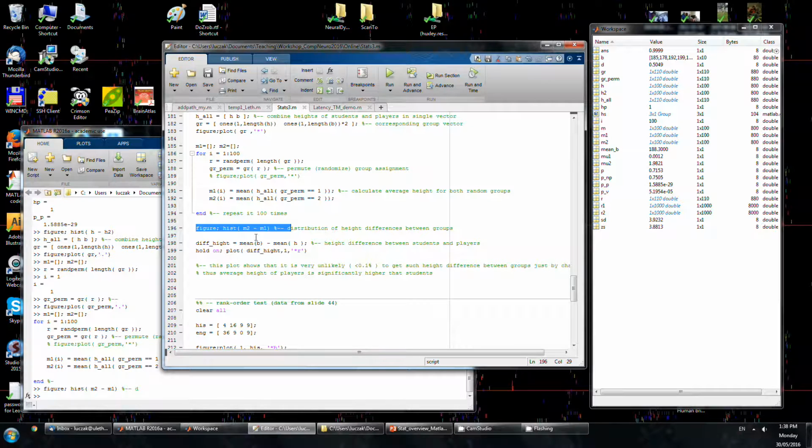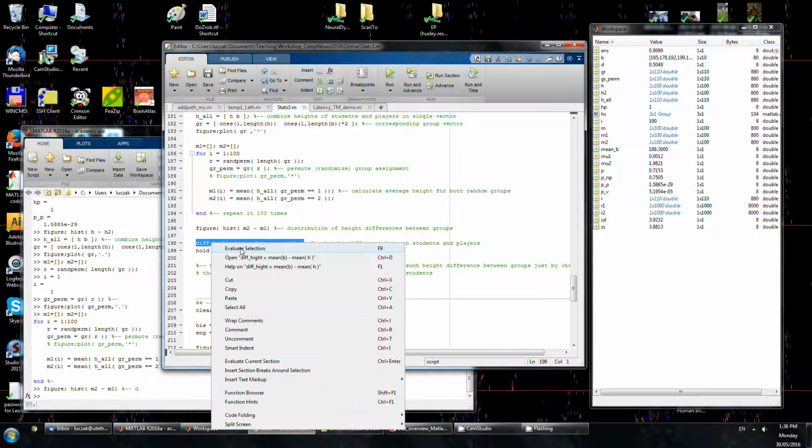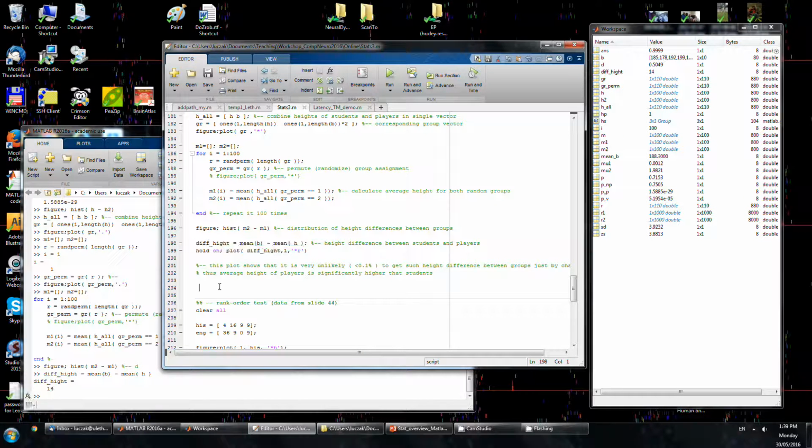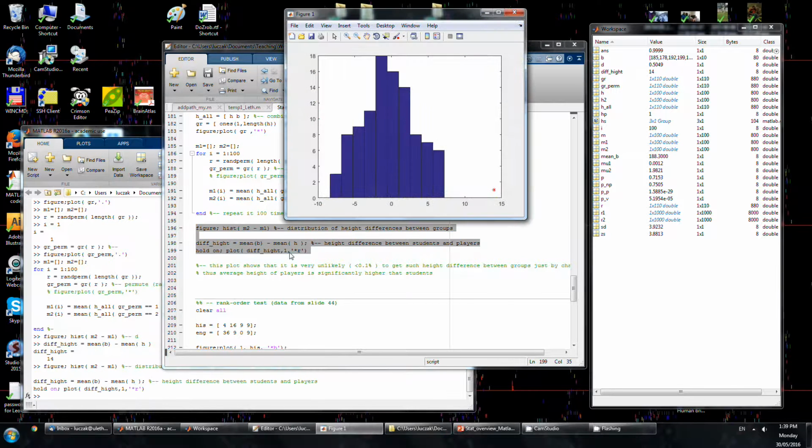Now we can see what the difference in height was in the original data, and it was 14. So now we can plot it on our histogram. This is the difference in average height between the general population and basketball players. So basketball players were on average 14 centimeters taller than the general population.